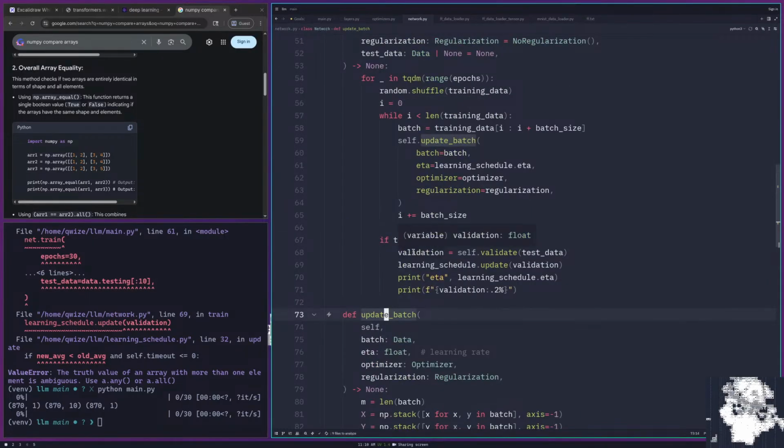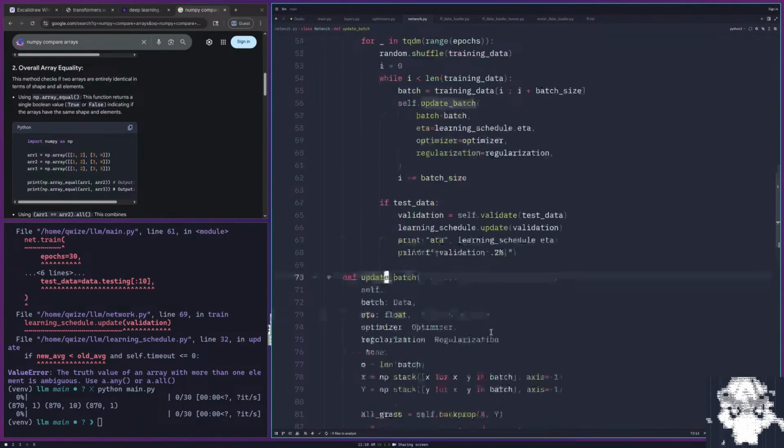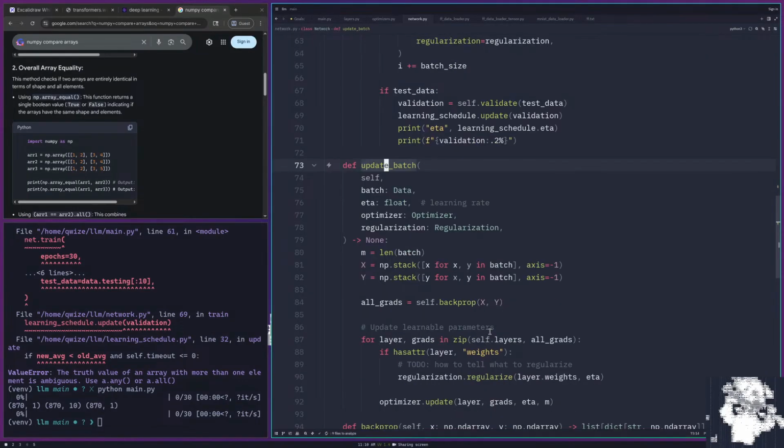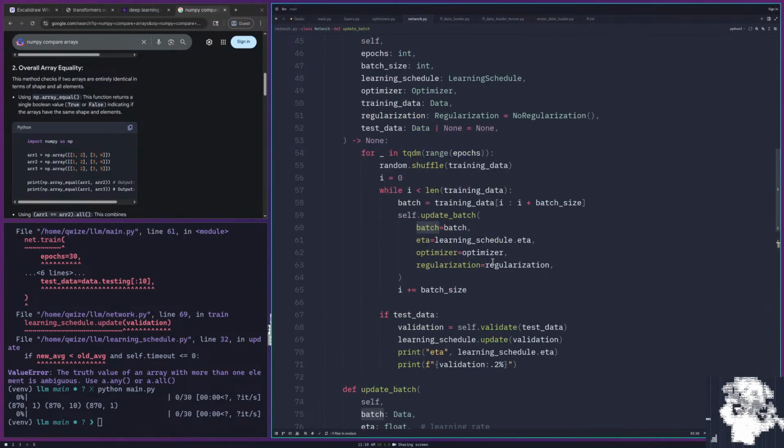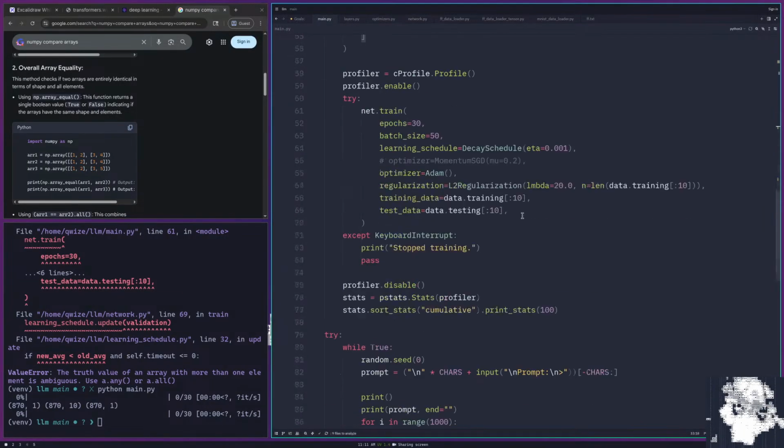Is it because... It's because we only have 10. I'm stupido. It's because we only have 10 samples total. So let's make that 100, just so that we can have 2 batches.